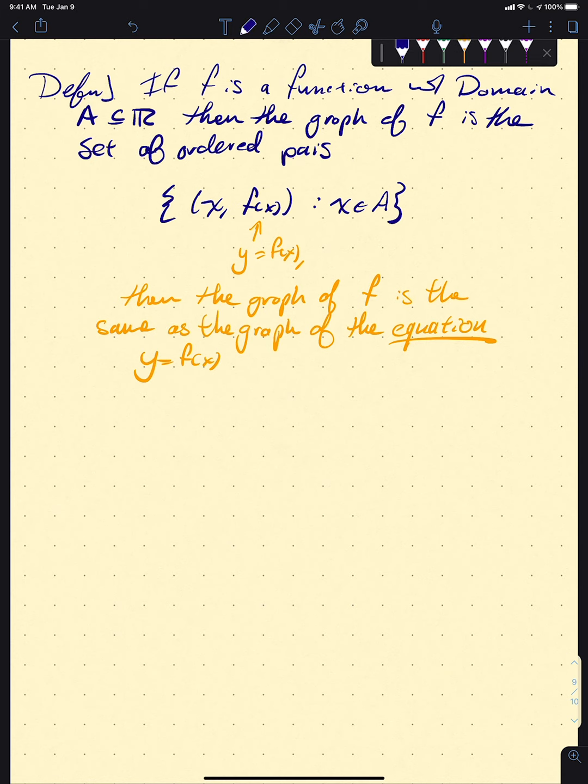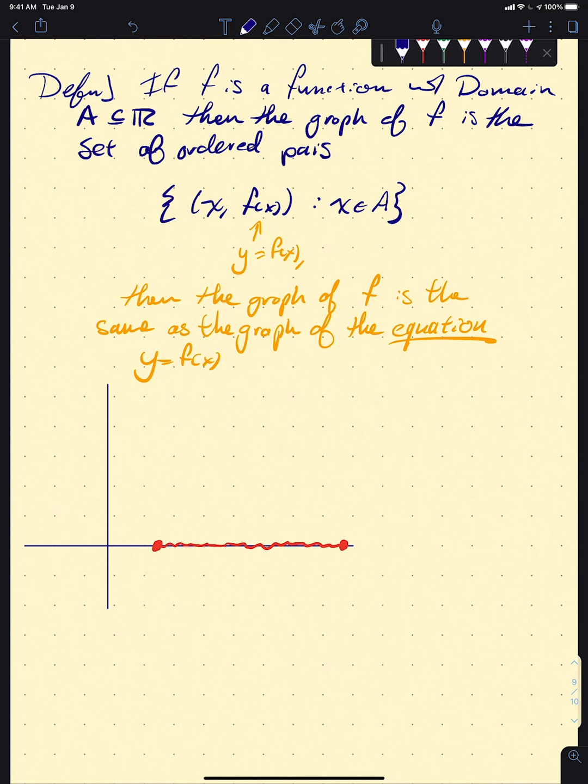Speaking of graphs, we can have our coordinate plane, because all of this is taking place in the coordinate plane. And we can have some set A. We said that A is a subset of the real numbers, so say that this set here is A. To each point in A, we use our function to assign another point in the real numbers, and we can plot all of these points.